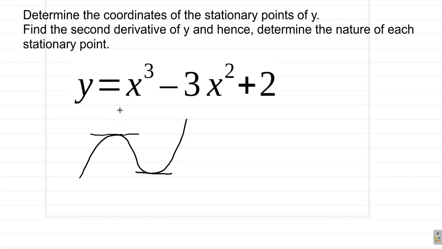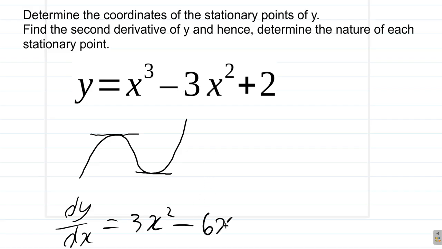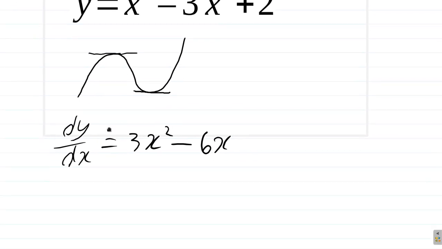So you're going to differentiate this function. You find dy by dx equals, by the power rule, 3x squared minus 6x. Alright, that's it. And you make that equal to 0.